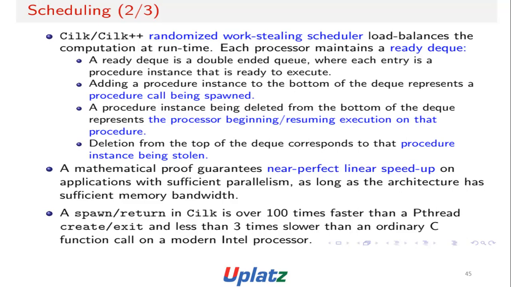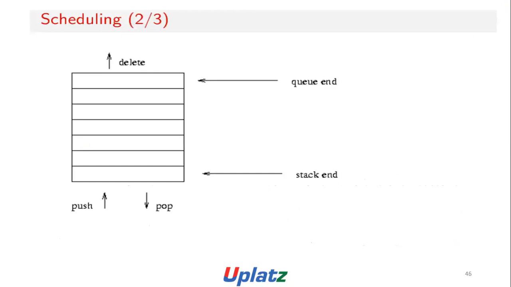A mathematical proof guarantees near-perfect linear speedup on applications with sufficient parallelism, as long as the application has sufficient memory bandwidth. A spawn and return in Cilk is over 100 times faster than a Pthread create and exit and less than 3 times slower than an ordinary C function call on a modern Intel processor. We have push, pop, and delete operations on the deque and the stack.